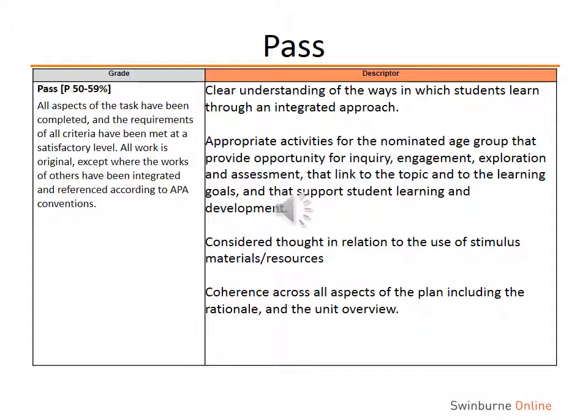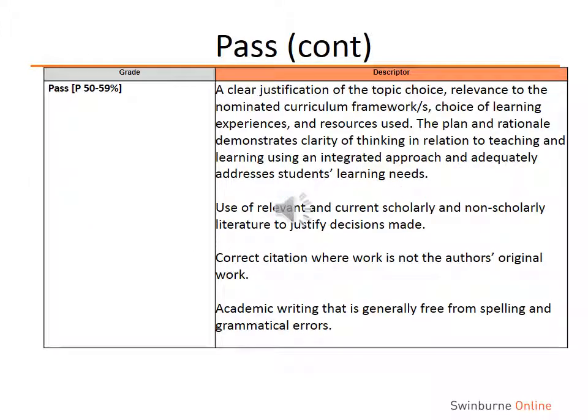You need to have your plan flow. The whole unit needs to flow well. You need to make sure in your rationale that you justify why you have chosen the particular topic. How does it connect to the curriculum? Why have you chosen the learning experiences and the resources that you plan to use?